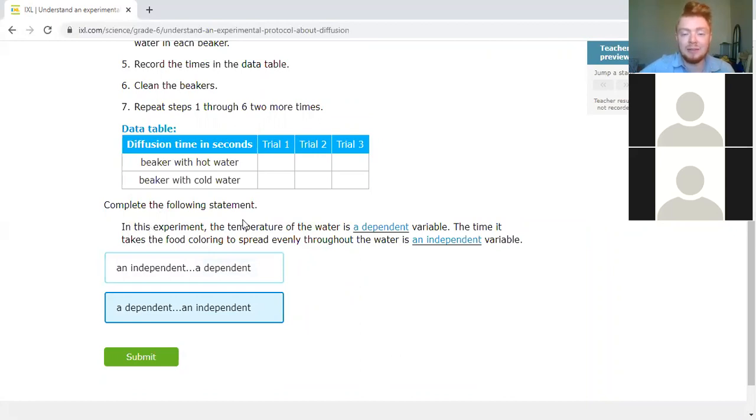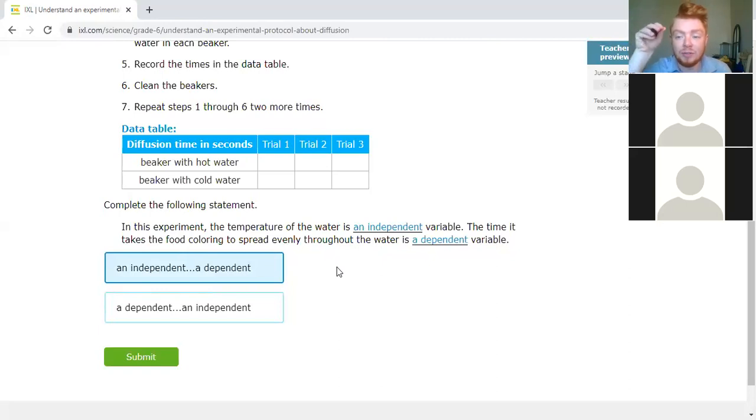In this experiment, the temperature of the water. Oh no. Okay, no. An independent variable for the first one. Wait, why is this one so confusing? It's okay. We're gonna redeem you. We got this. So the temperature of the water and then the time it takes.